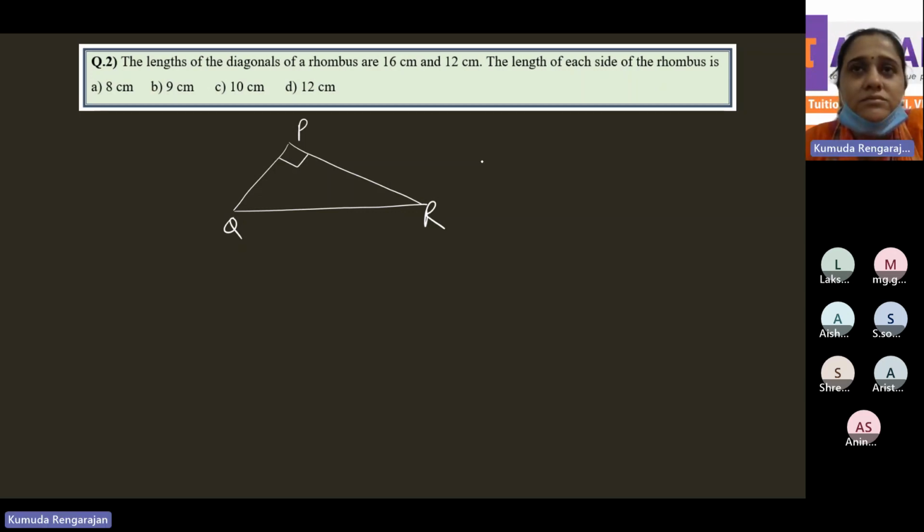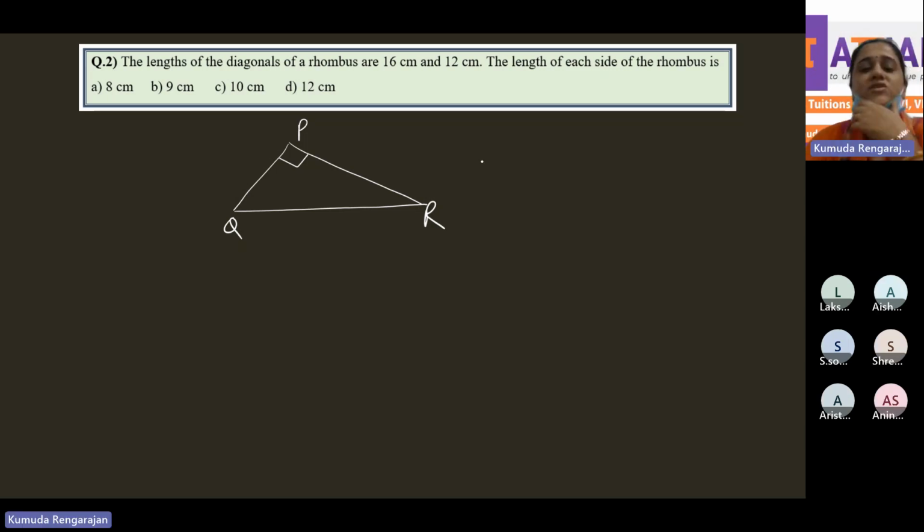Who can tell me? PQR is the right triangle. I want you to tell me the result according to Pythagoras theorem for this triangle. Which are the three sides? PQ, QR, and PR.